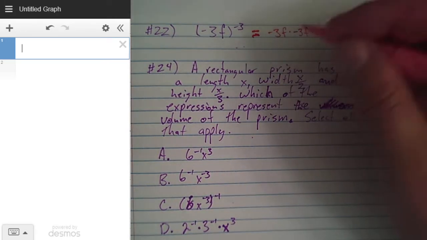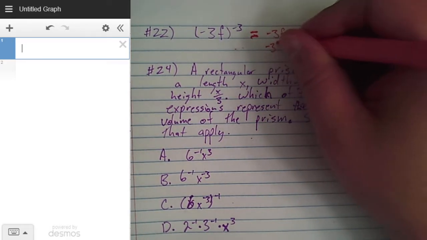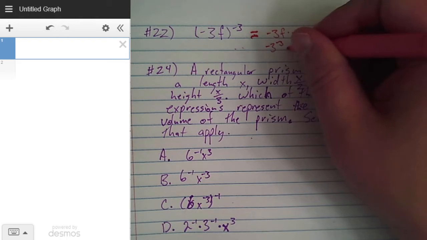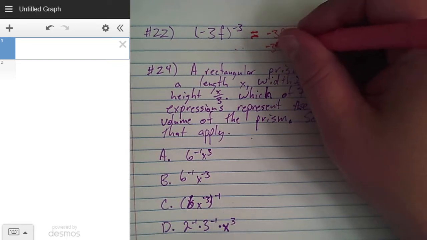So that's a negative 3 multiplied together 3 times, and f multiplied together 3 times.